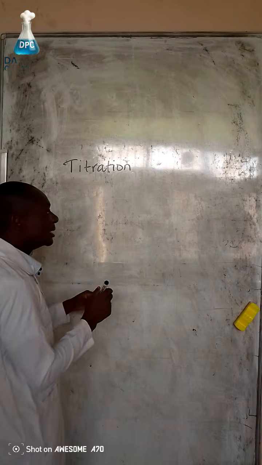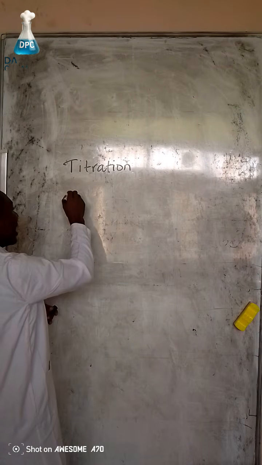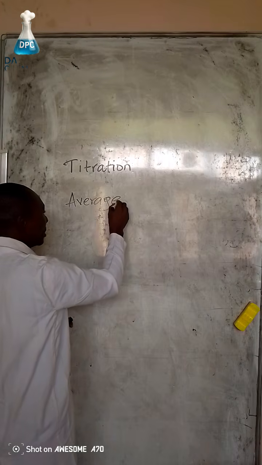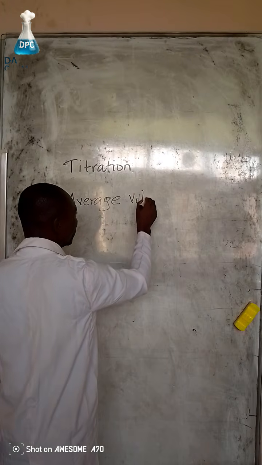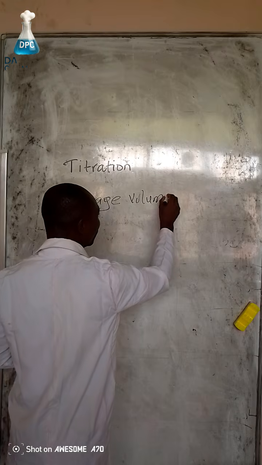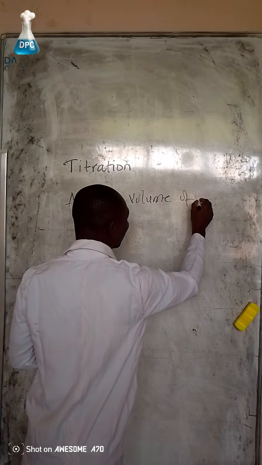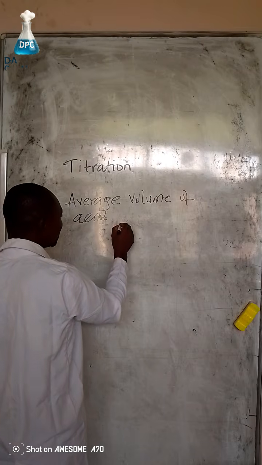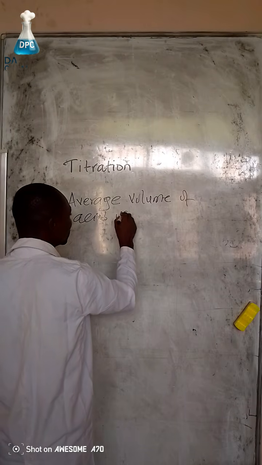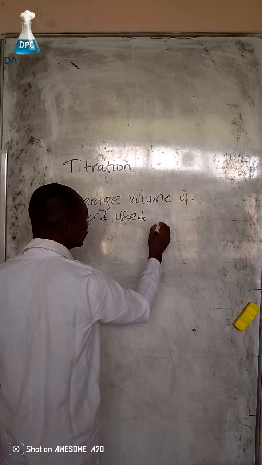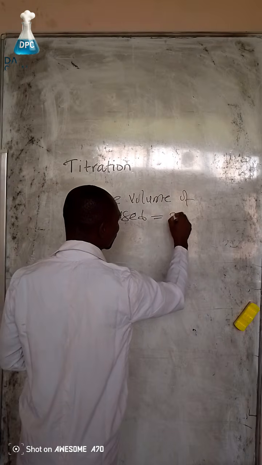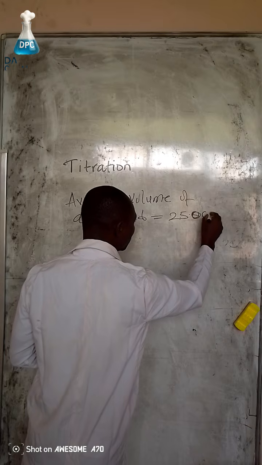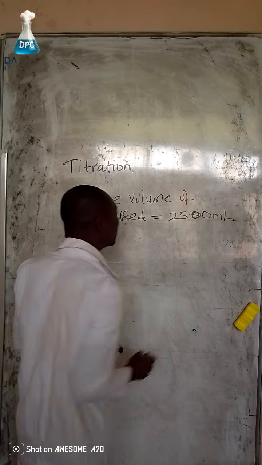Let me write it down again: the average volume of acid used is 25.00 ml.